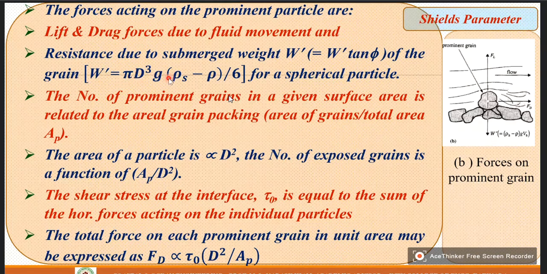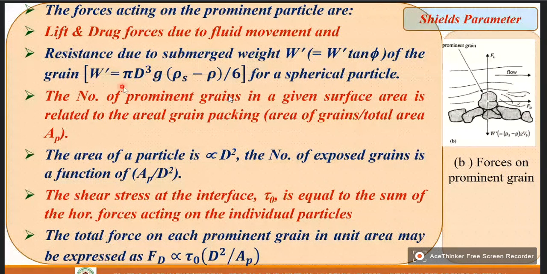Now what is W dash? W dash is the weight. Weight is mass into g, density into volume into g. Here the density is rho s minus rho because it is submerged. That multiplied by g will give you the specific weight.